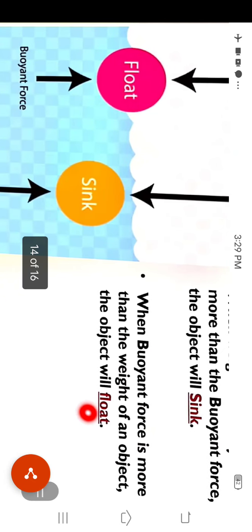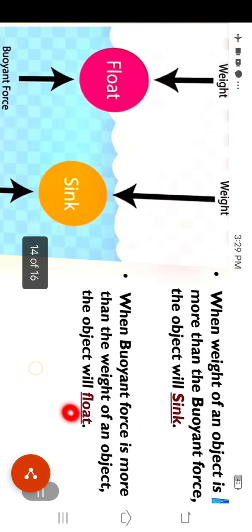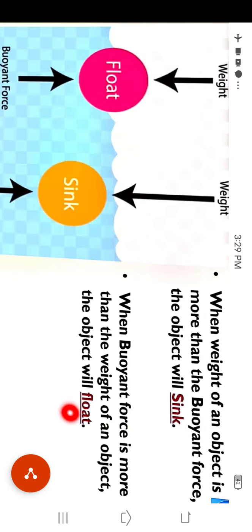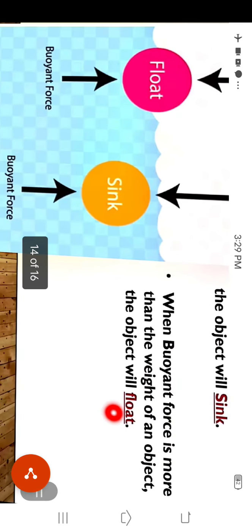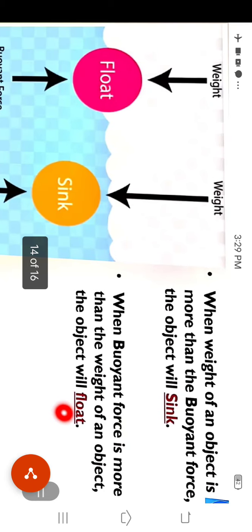That is why this object sank. And this is the second object. When the buoyant force is more than the weight of an object, the object will float. Here the buoyancy force is more than the weight of the object, that is why the object is floating.